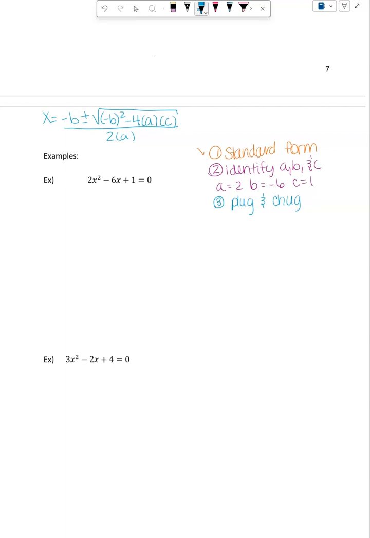Okay, so x equals negative b, but b is our -6, so we need to put that in parentheses, plus or minus the square root of b, which is -6, squared, minus 4 times 2, c is times 1, all over 2, and a is 2.